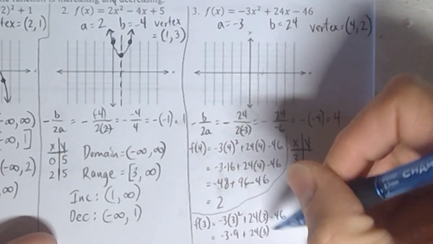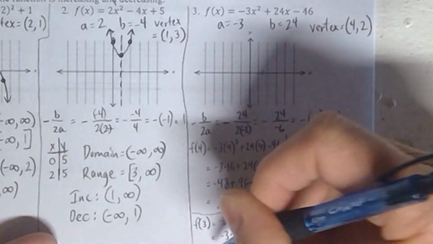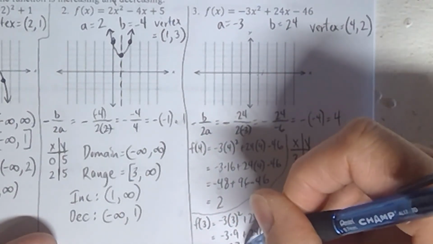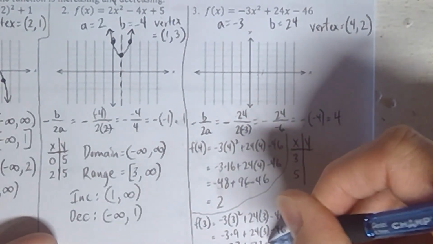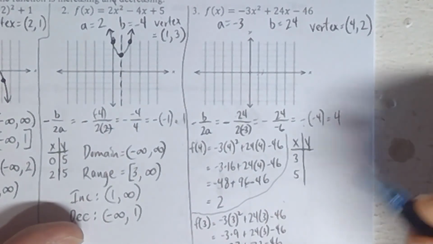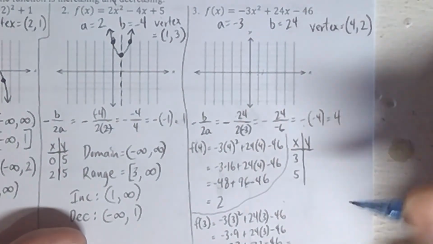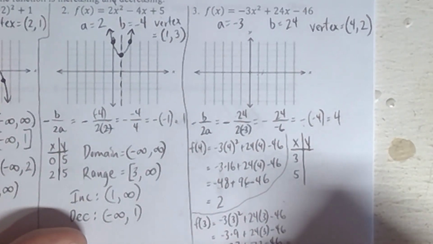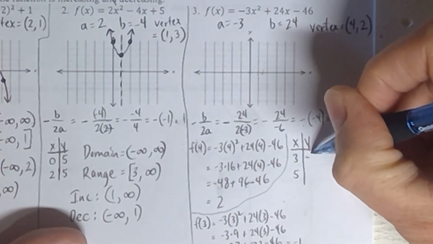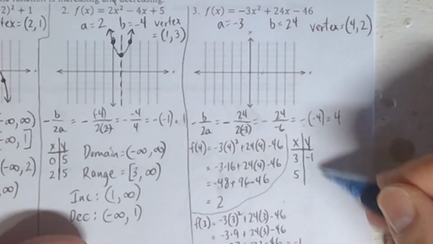So the exponent is 9. The multiplication gives me negative 27 plus 72 minus 46. And I'll just do the last two steps here, addition and subtraction, all at once. I get 45 minus 46, which is negative 1.